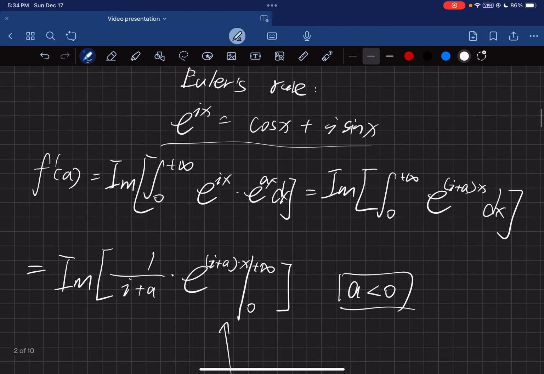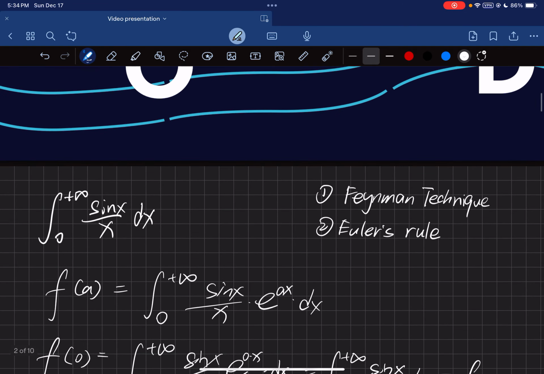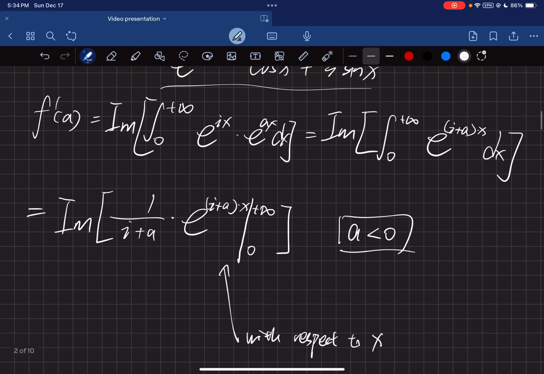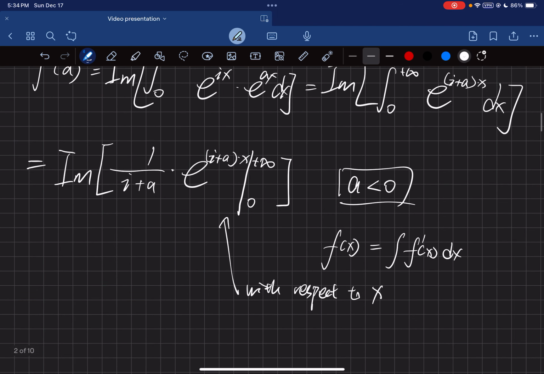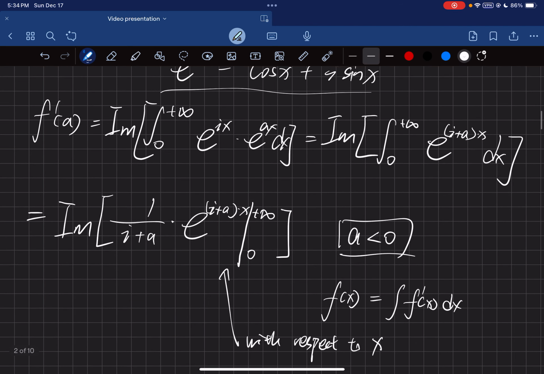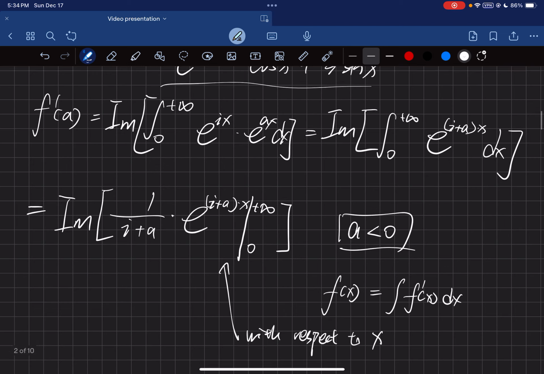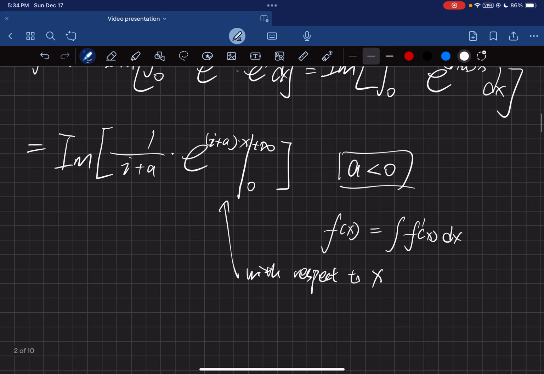Because when we use the Feynman technique, we should ensure that the original function equals the integral of the differentiation function, right? So when we use Feynman's technique, we should ensure that the former equation and the equation we set are both convergent.